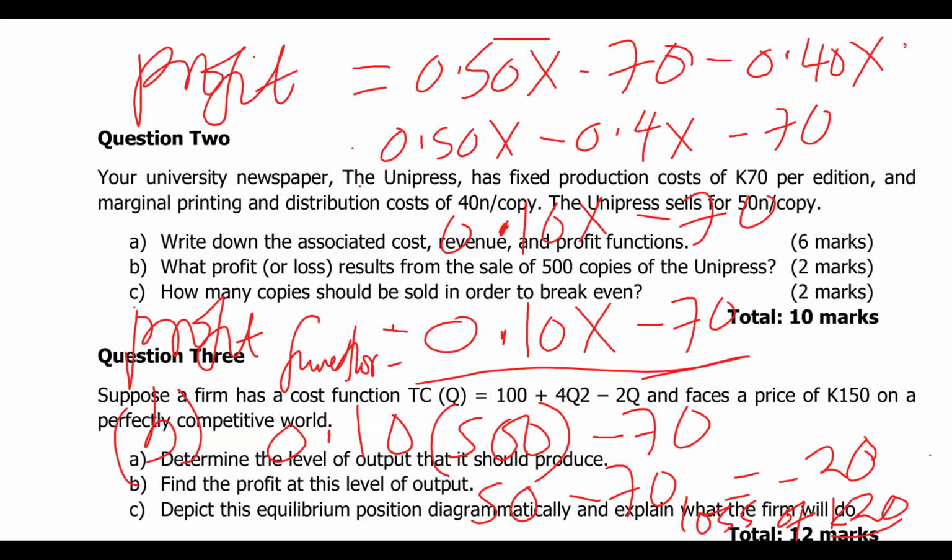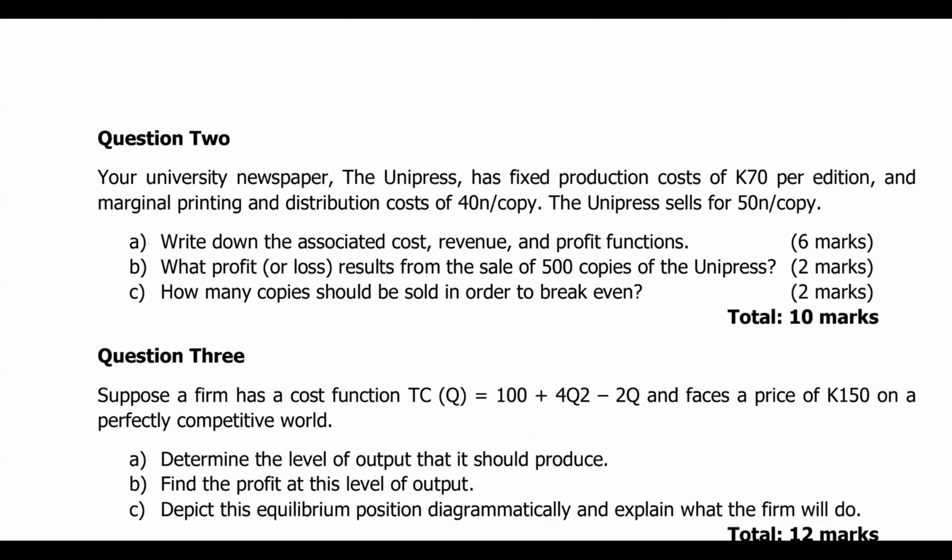Now, part C of the question is asking us, how many copies should we sell for us to break even? Now, what is to break even? Maybe that should be a question number one. The break even point is a point where profit equals the cost.